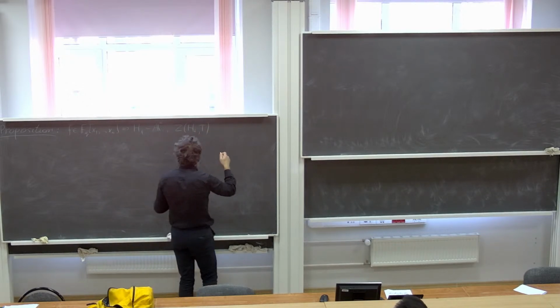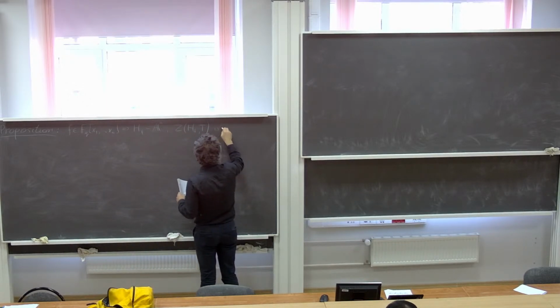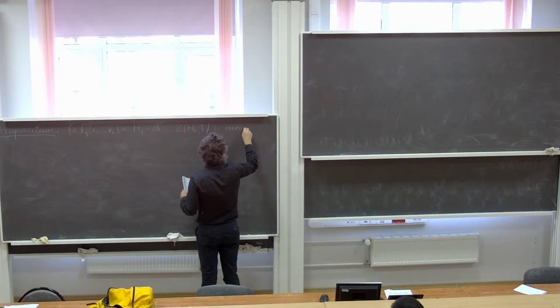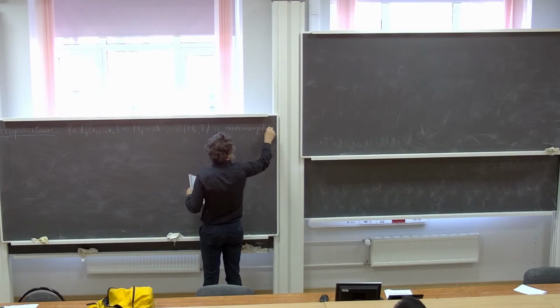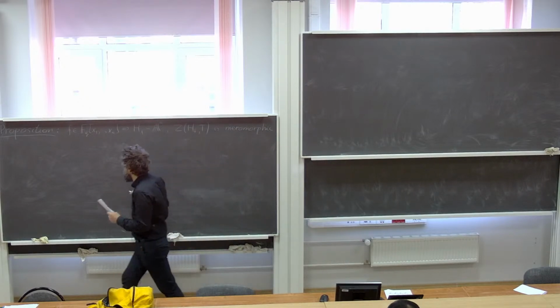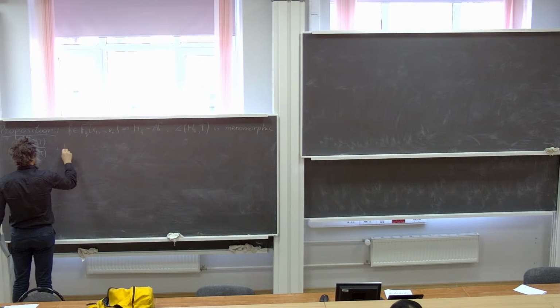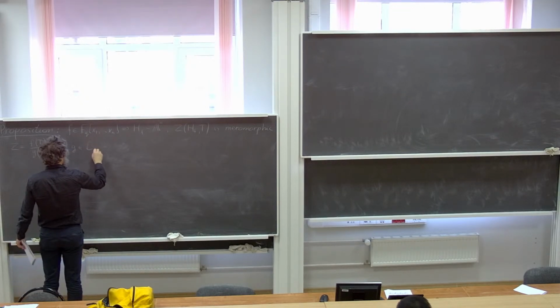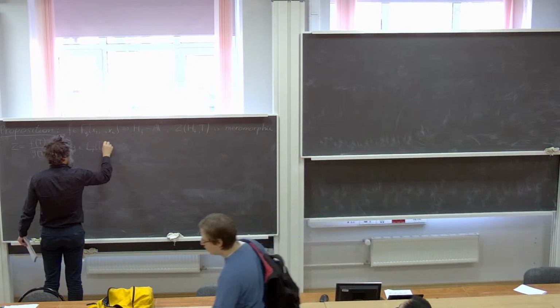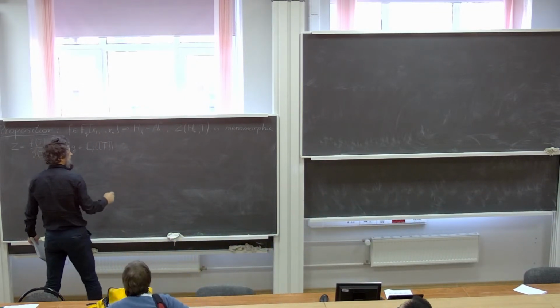And then the claim is that this zeta function is meromorphic. That is, it is a ratio of two functions, f of t over g of t, and both of them are formal series converging everywhere.